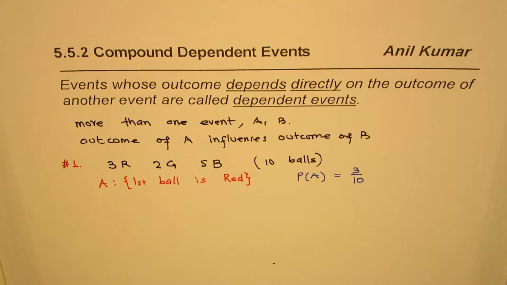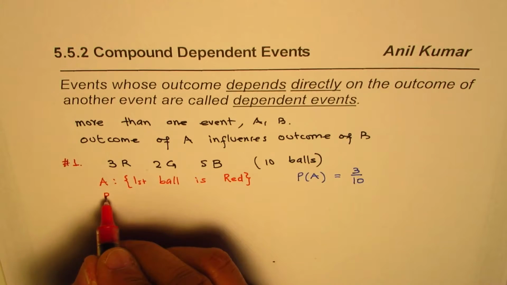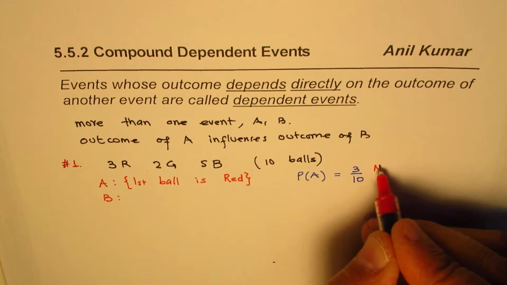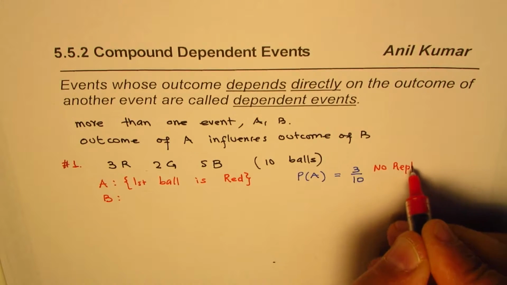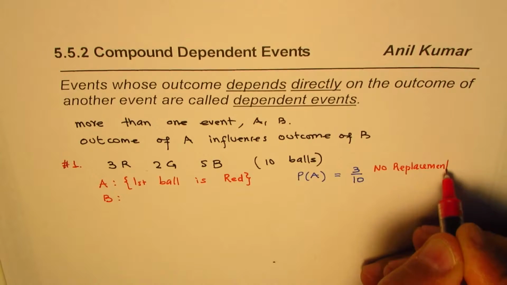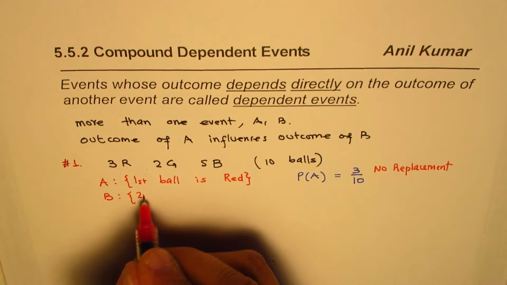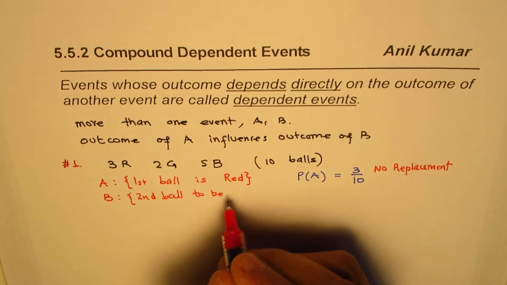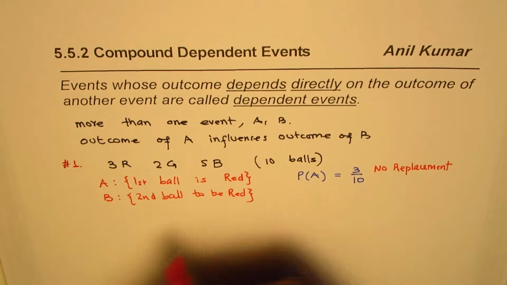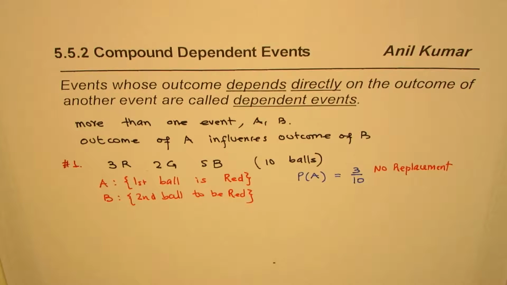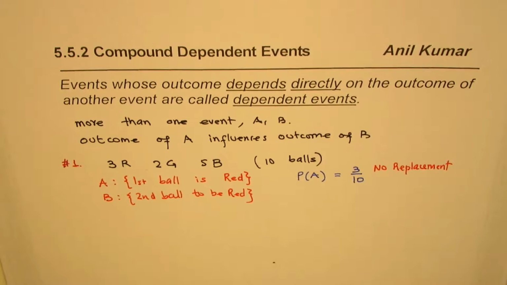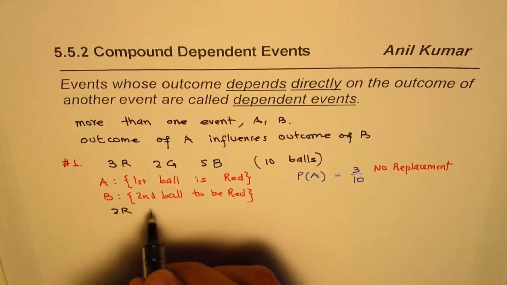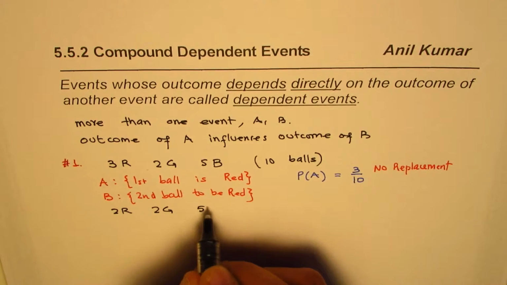Now, let us define the second event, which follows. That means no replacement. And then we want the second ball to be red again. Since we have no replacement, the scenario now is that we are left with 2 red balls, 2 green balls, and 5 blue balls.